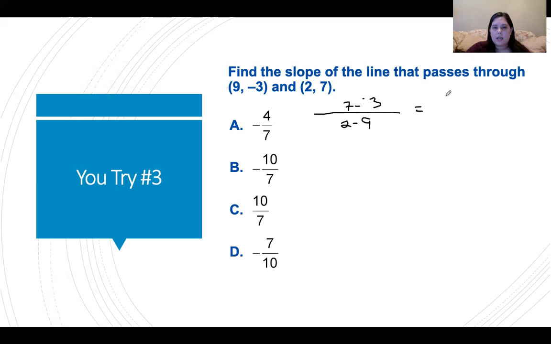When we do that, we're going to get positive 10 on top and -7 in the denominator. So my answer is going to be B. -10/7 is the slope of the line that passes through the two coordinate points (9, -3) and (2, 7).